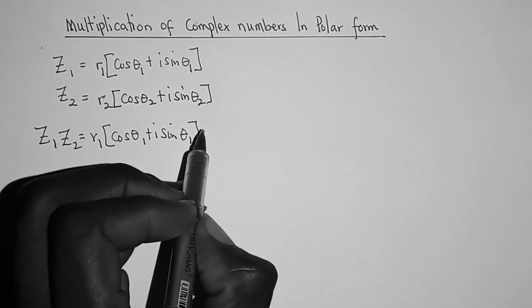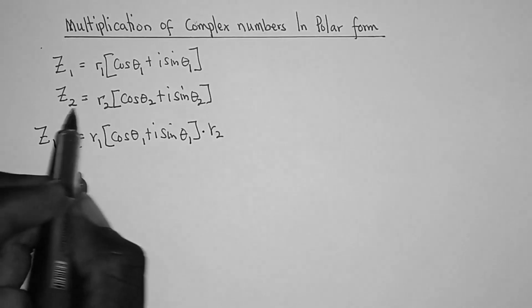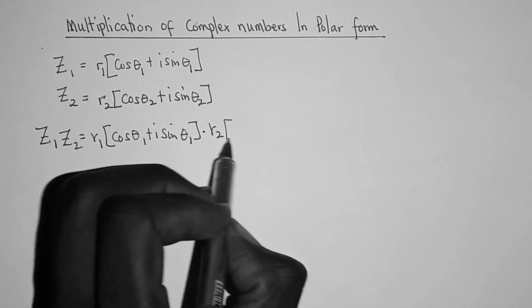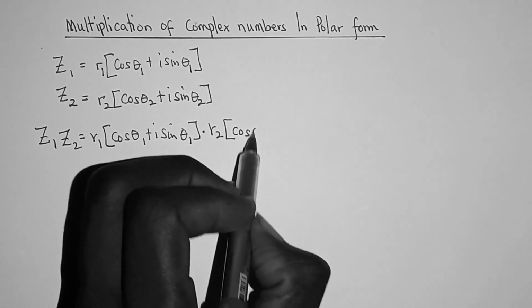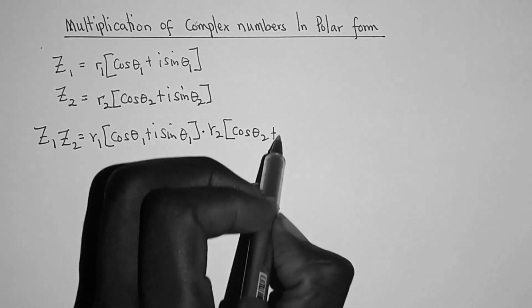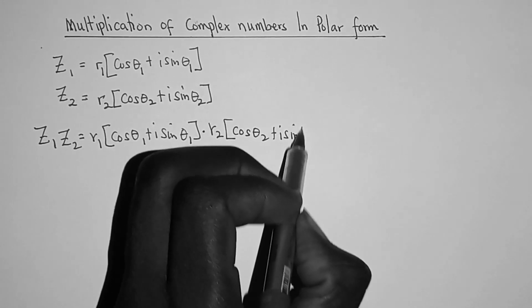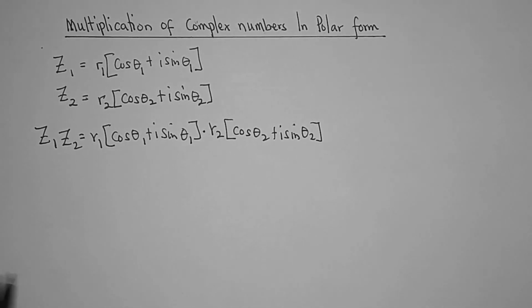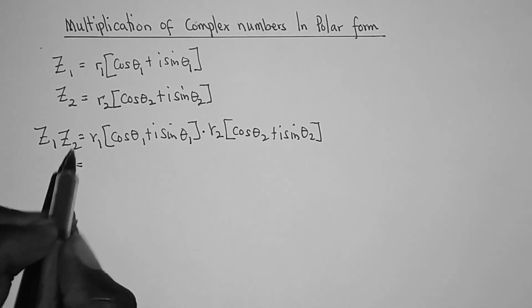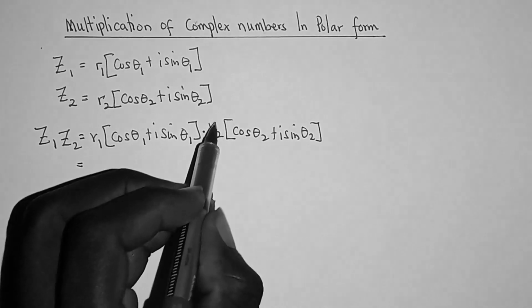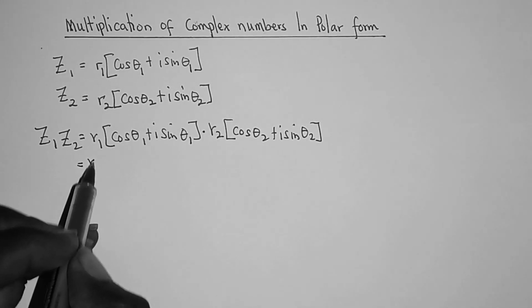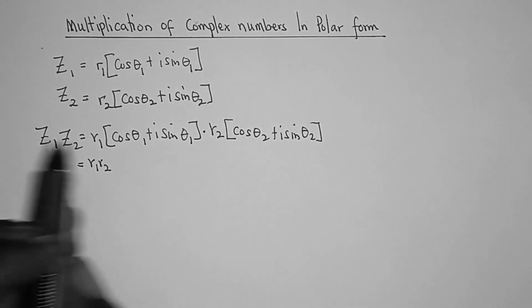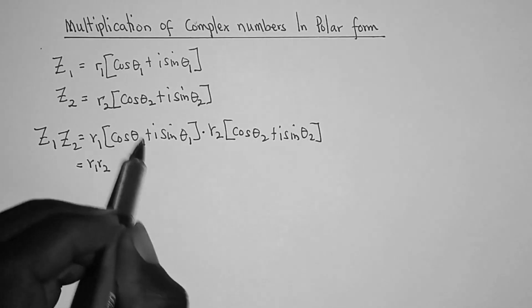Then times R2, which is the second one, into bracket cos theta 2 plus i sine theta 2. So this is equal to R1 times R2, which is going to give us R1 R2. Then we'll distribute this over this.